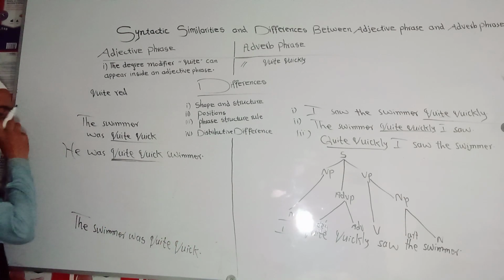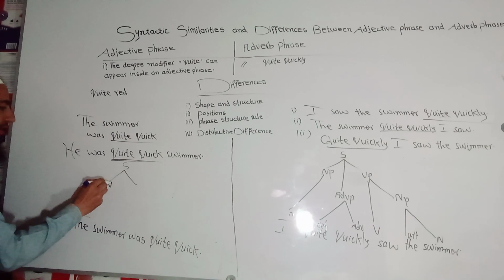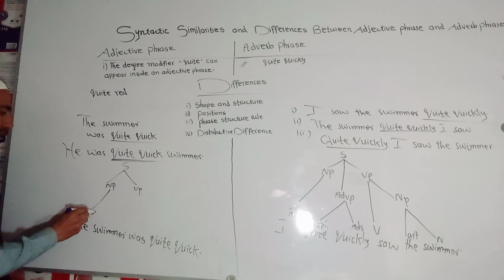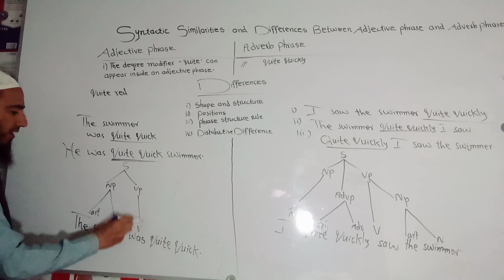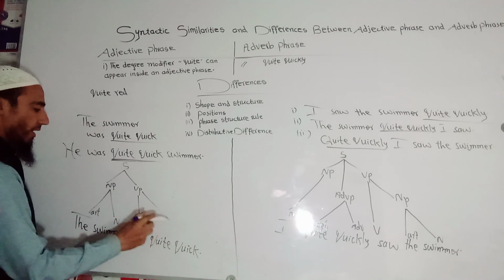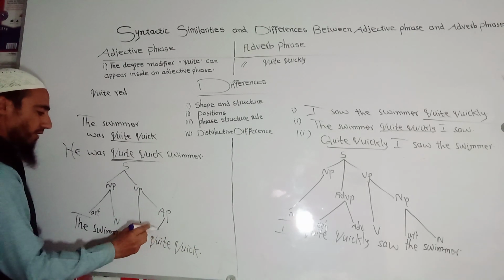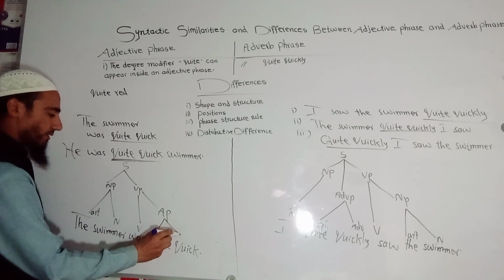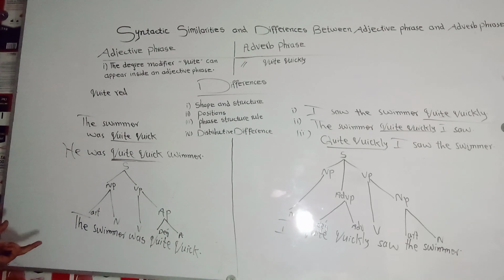See the structure: sentence, then we have NP and VP. In the NP we have an article and N, and V, and after that a separate string, AP, which means adjective phrase. So quite is the degree modifier, and quick is the adjective, A. Okay, so this is the structure.